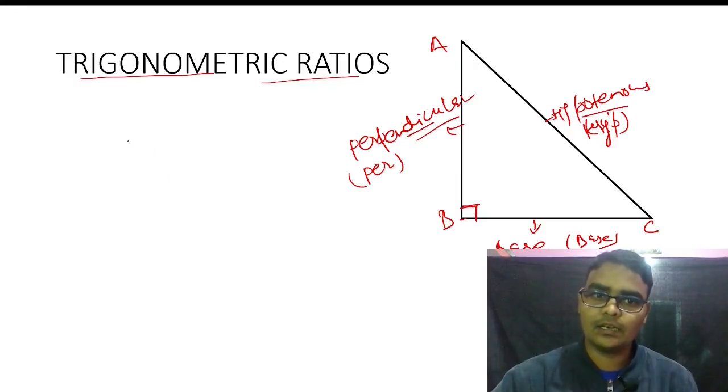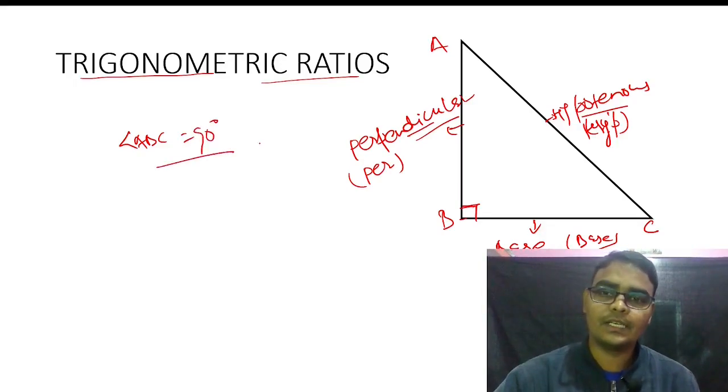And one angle, angle ABC, is equal to 90 degrees.